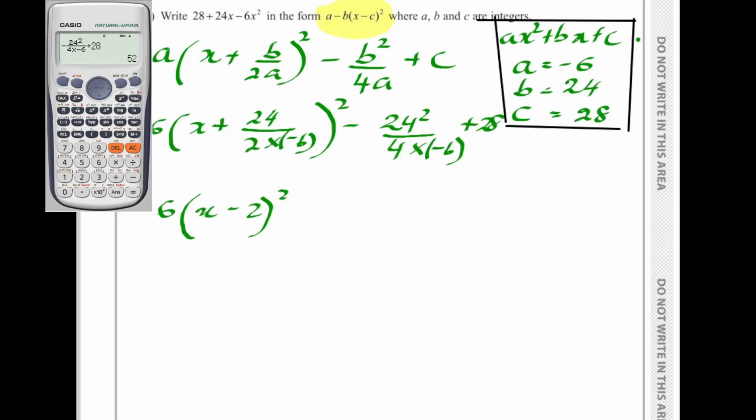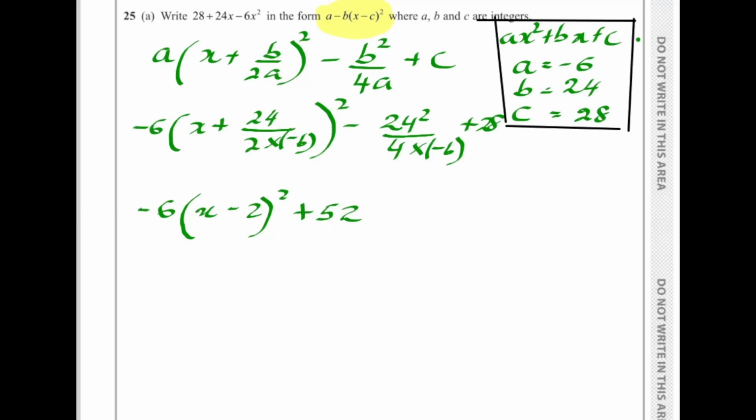It is 52. So now we can rearrange this according to the required format: 52 minus 6 times x minus 2 squared.